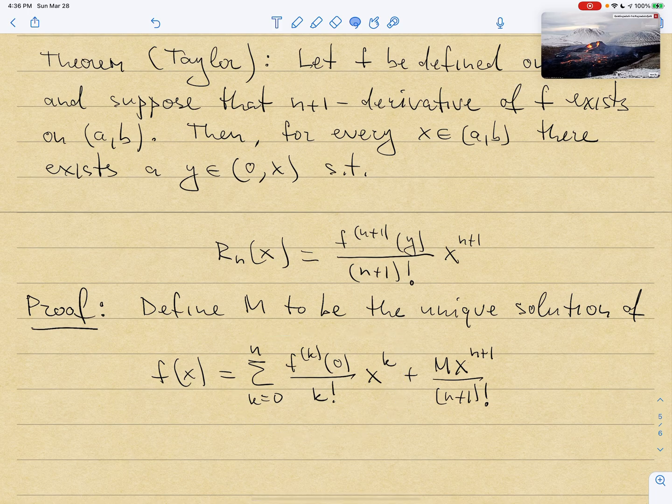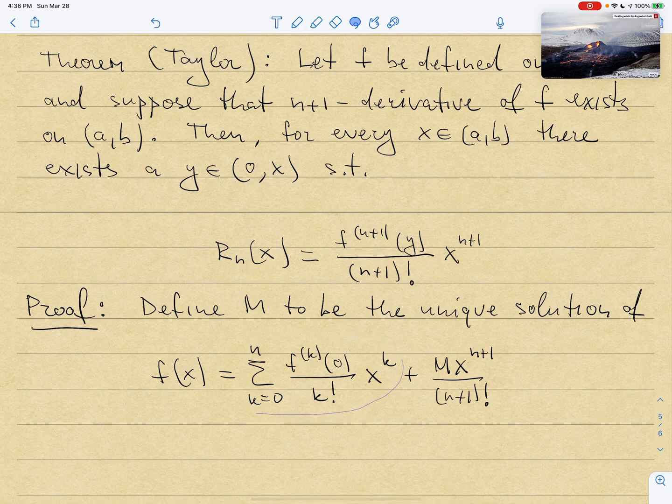And then I have to relate this quantity here to the remainder, right? So this basically is Rn of x. But rather than writing this Rn of x, I'm writing it in a slightly different way. I'm writing this as basically the same term as a general term of my power series, except that I'm replacing the derivative by this number M, right? Essentially, for the Taylor series, I'm going to have a summation from 0 to infinity.